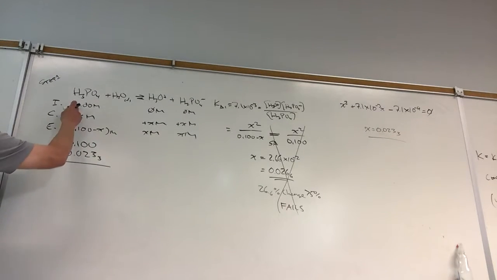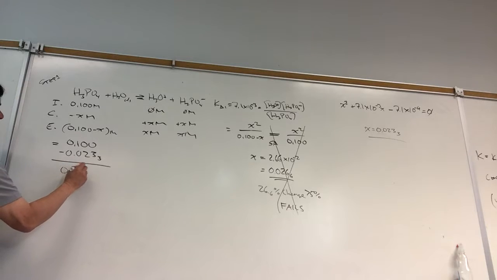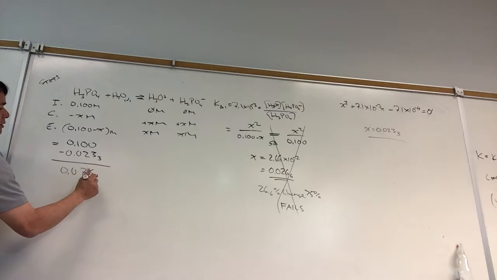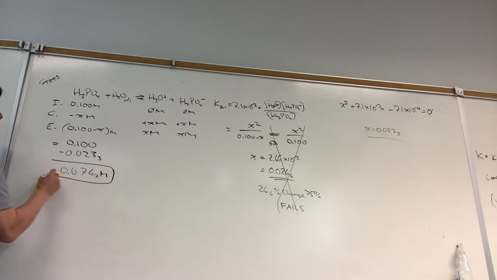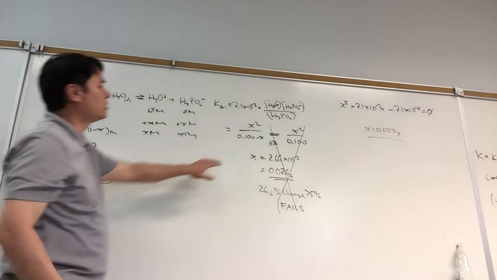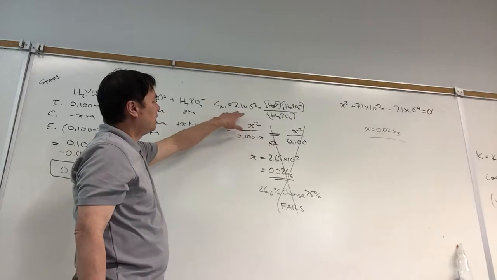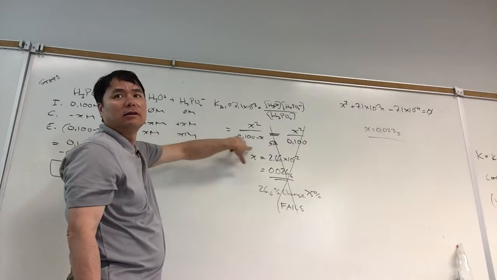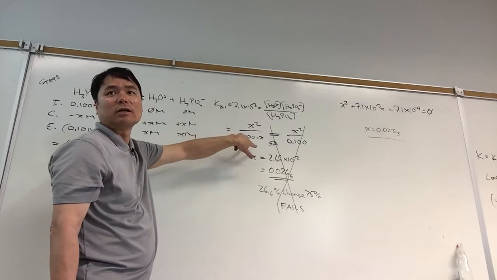And so that means we're going to be left over with 0.0767. So 76.7% of the phosphoric acid remains in the form of molecules. The signs are switched because I multiplied this on this side and then added and subtracted.